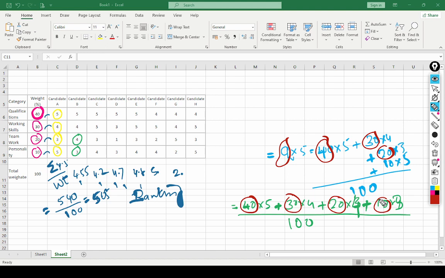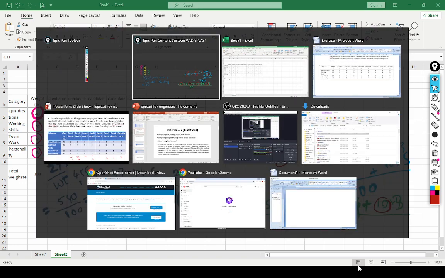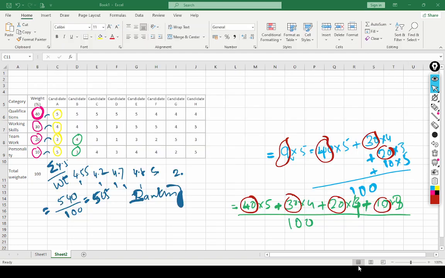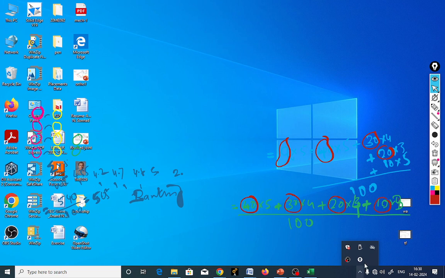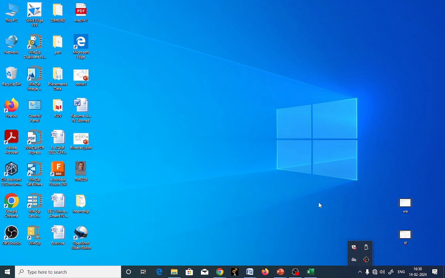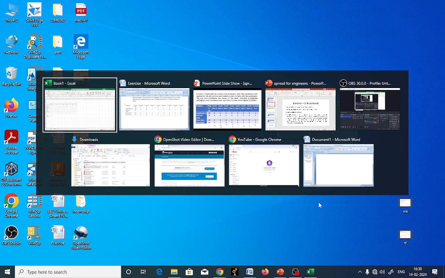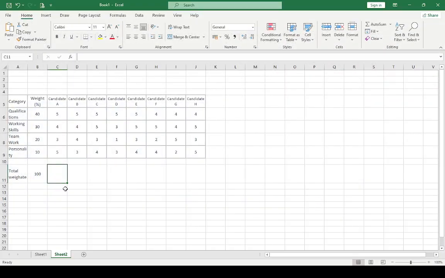Right? Now I will go for writing the formula. Okay, so you just observe here. Now I am going to write the formula for the first person.